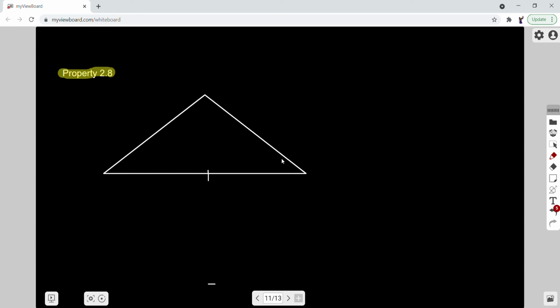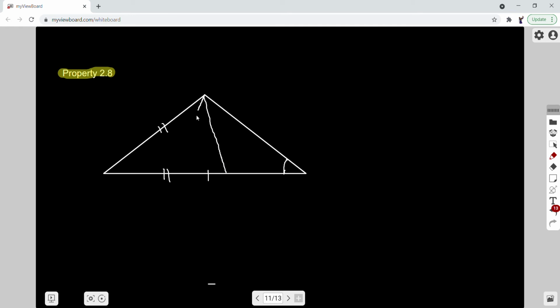So now let us assume this angle is the greatest and this is not the greatest side. So I'm constructing an angle like this, this side equals this side, something like this.